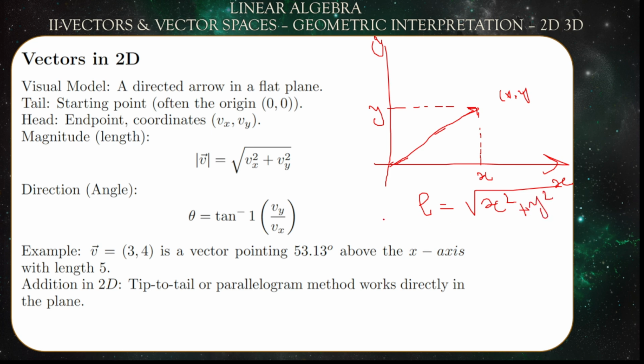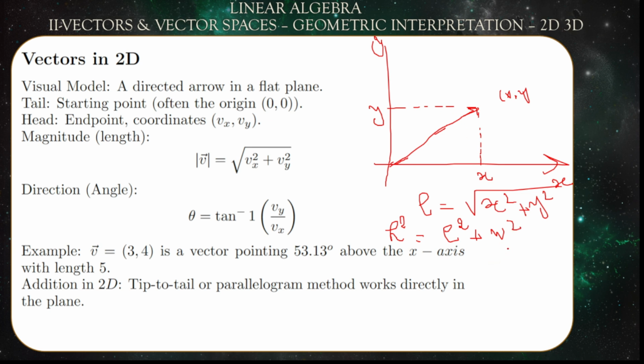Actually, the Pythagorean formula is that the hypotenuse squared is equal to the length of the first side of the triangle squared plus the width squared. The width would be y, so width squared.